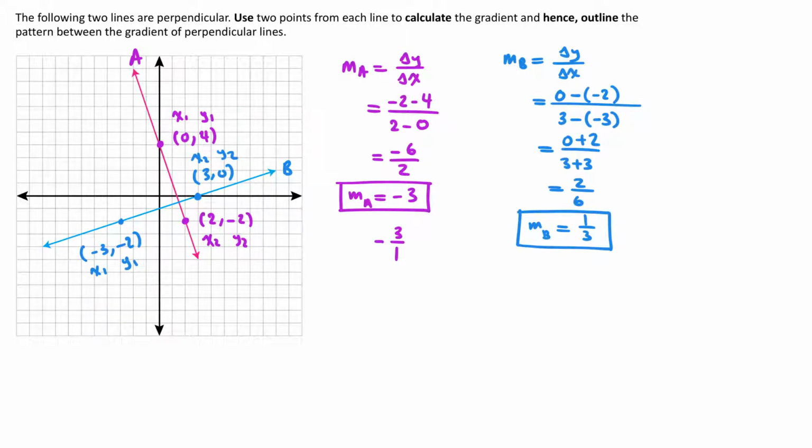So writing this in a descriptive way, we can say that the slope of line B is, first of all, if this one is negative, this one is positive, or if this one is positive, this one is negative. So we know that there's a negative relationship. And the other thing that we notice is that the 3 and the 1 switched, and mathematically we call that the reciprocal.